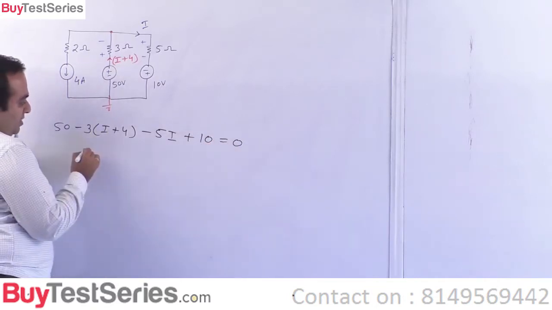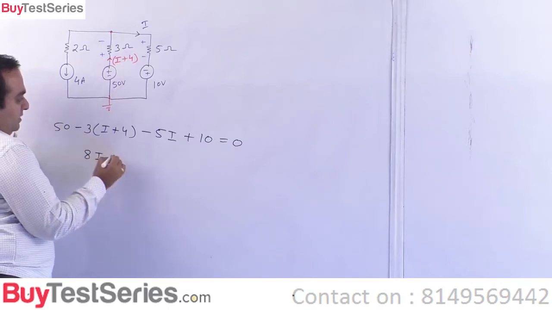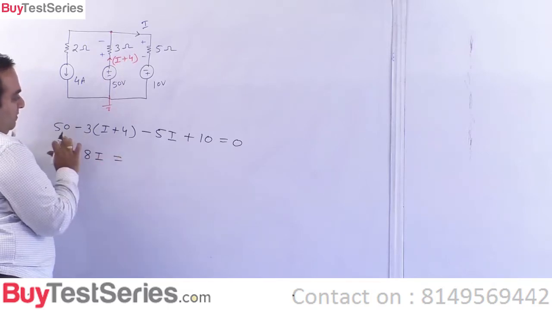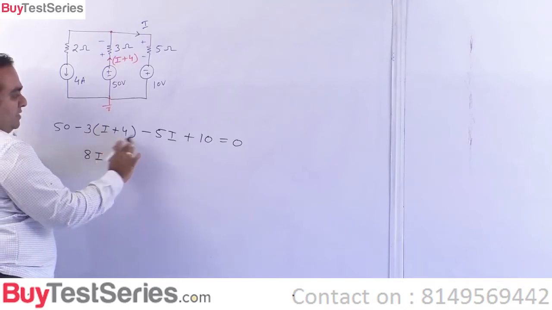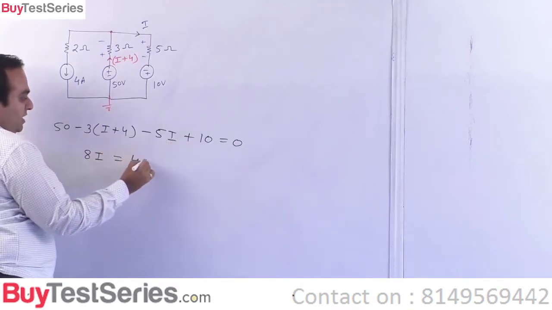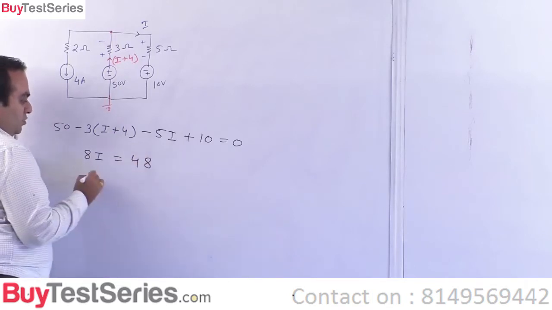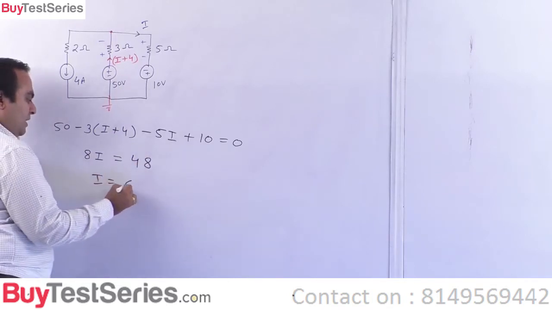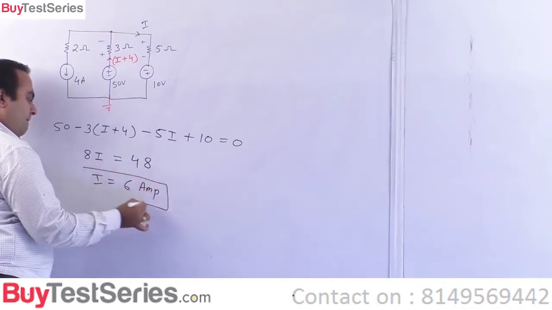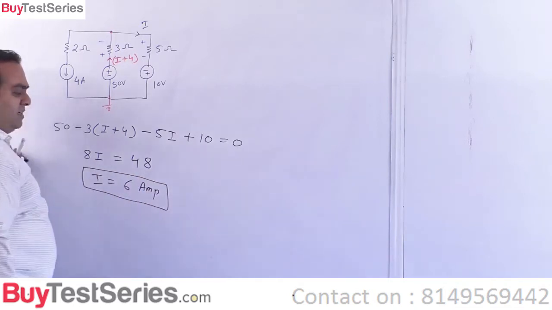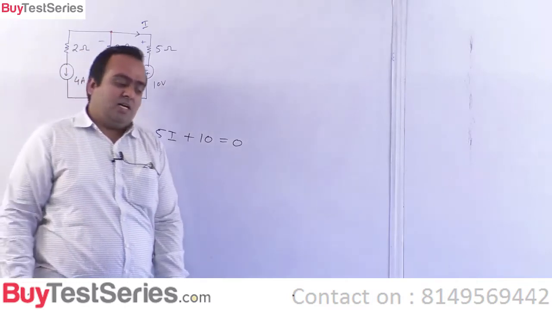So this can be solved as 8I is equal to 50 minus 12, that is 38. 38 plus 10 is 48. So I comes out to be 6 amperes. So the value of I comes out to be 6 amperes in this way.